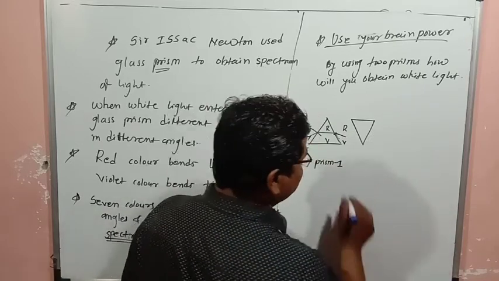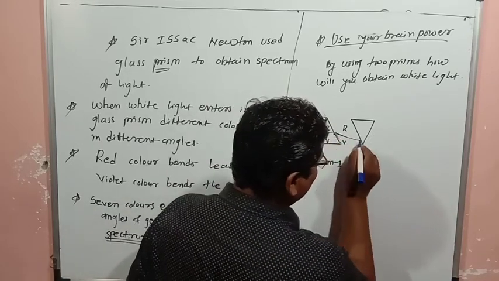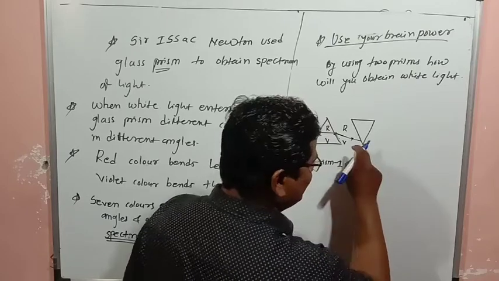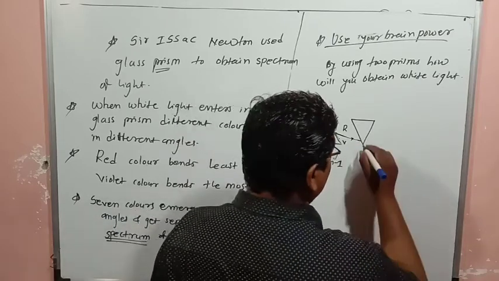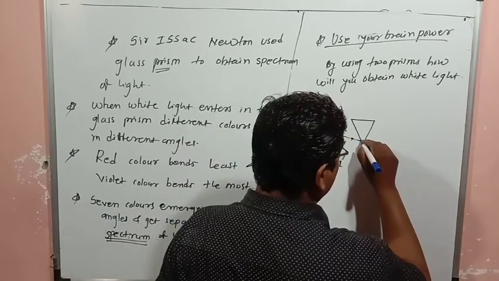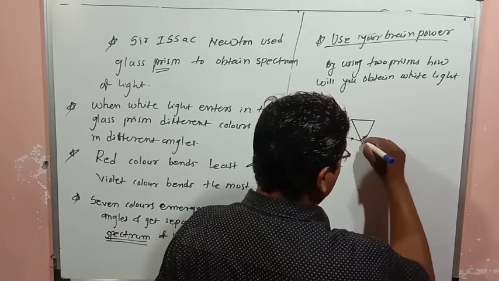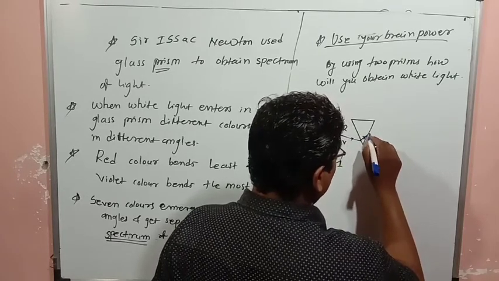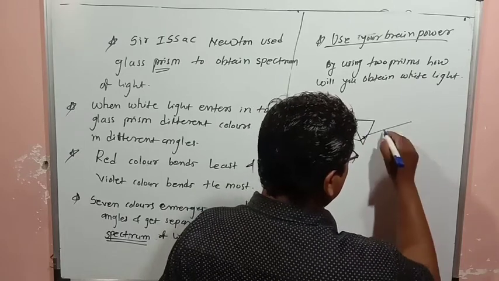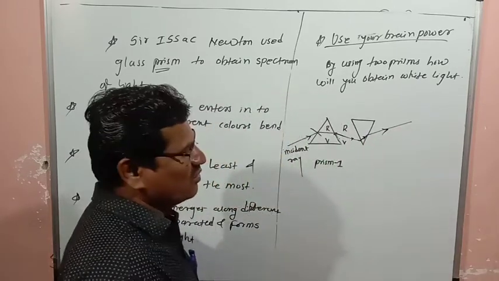Then this light ray will fall here and be incident now. That light ray will get refracted and bend, and again from here it will get refracted.